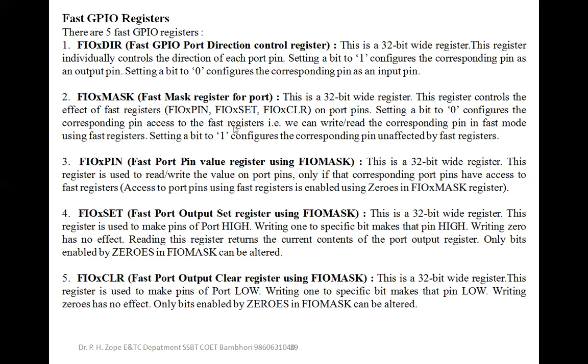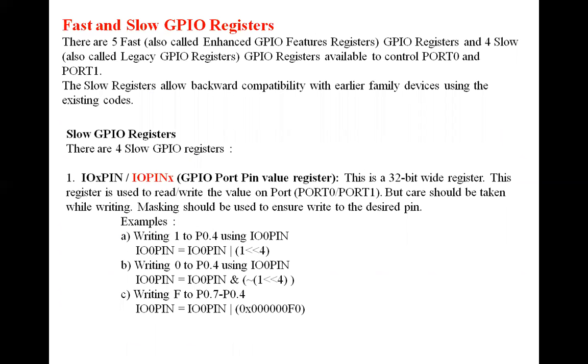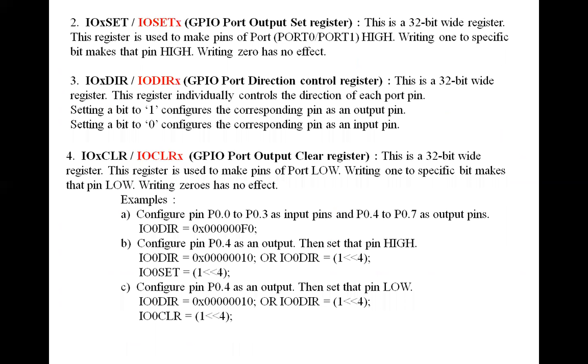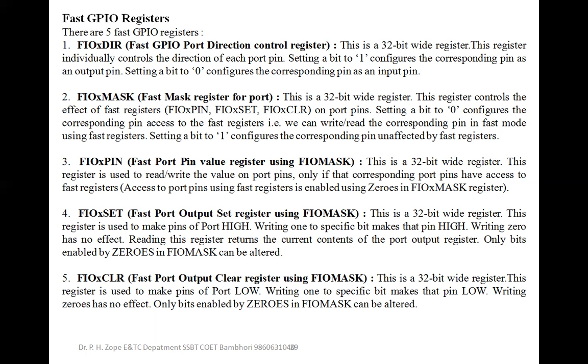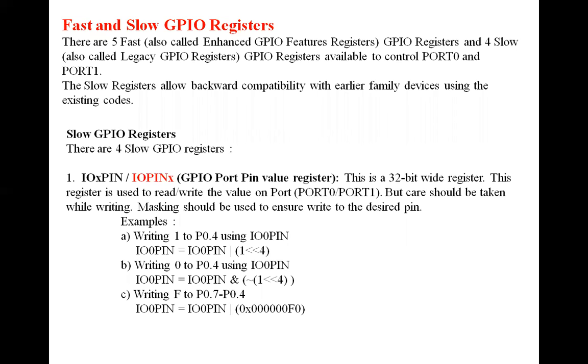So remember, all these registers come under the fast GPIO registers. These are not much different from your GPIO registers, but if you want a general purpose operation or a fast purpose operation, then from the fast purpose operations point of view you may use this FIO, or if you need a general purpose operation, then you can use IO only.